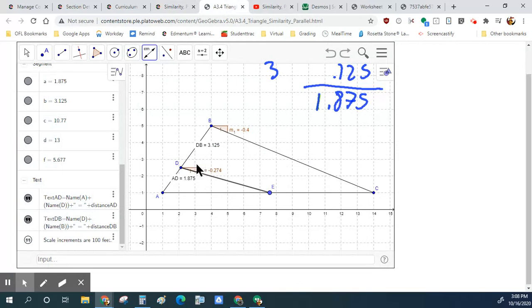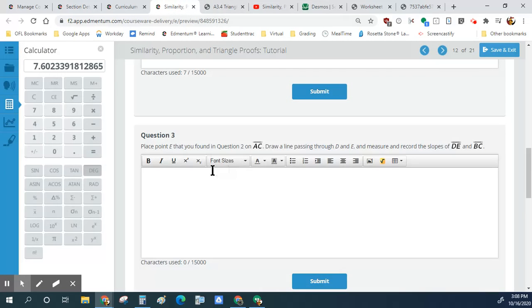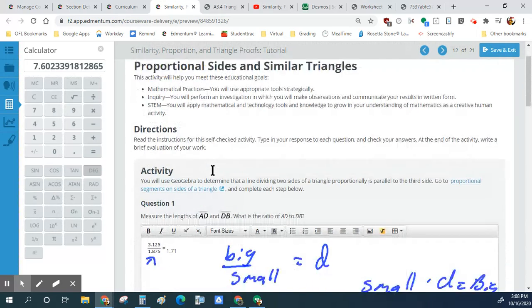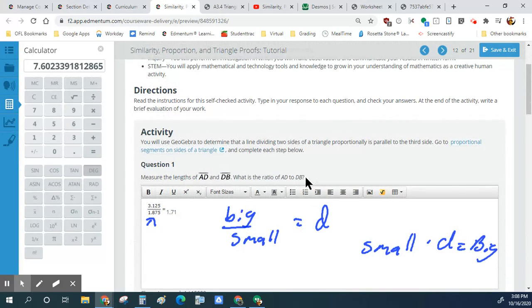Let's see here. Oh, I see where it went wrong. It was supposed to be AB. I didn't measure AB. What did I measure? EB. Find the ratio.